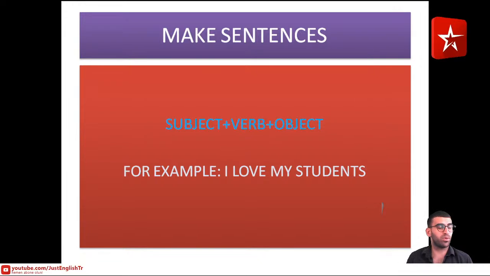You will be able to communicate with everyone. For example, you will be able to talk to doctors, engineers, lawyers, teachers, anyone else, because they are from different professions, and you have to be familiar with the words for different topics.